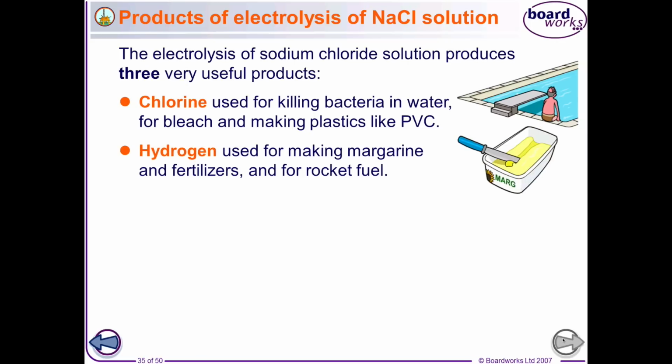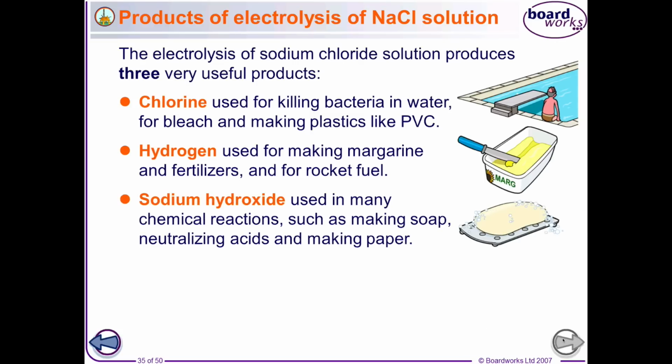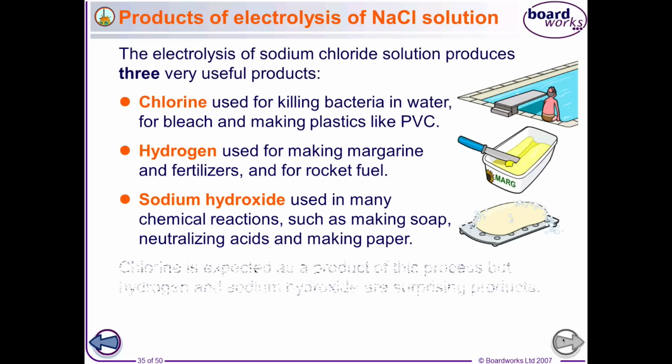Hydrogen is used for making margarine and fertilizers, and sodium hydroxide is used for making soap and making paper. So during this process, electrolysing brine, we've actually produced 3 very important products, and these are quite useful, as you can see, with their given uses.